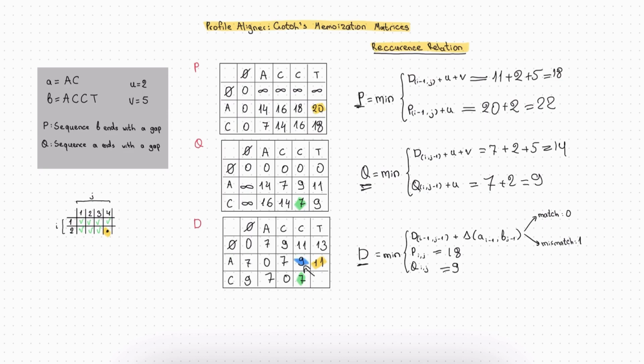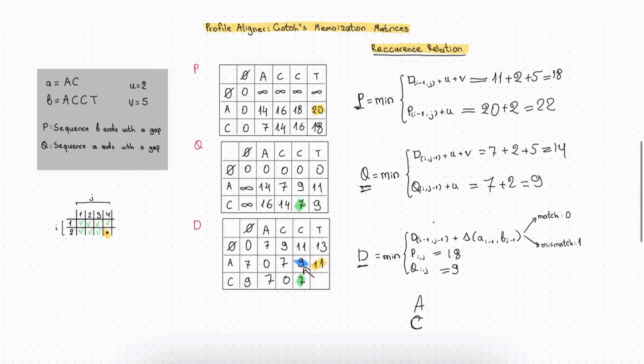So at cell I minus 1 and j minus 1, we are looking at nucleotides A and C, and as you can see, this is a mismatch. The two nucleotides are different, therefore we are going to penalize the algorithm by 1, and it's going to be 9 plus 1, which is equal to 10. Now we have the options of 10, 11, 10, 18, and 9, and of course the minimum is 9, and we will keep 9 over here.